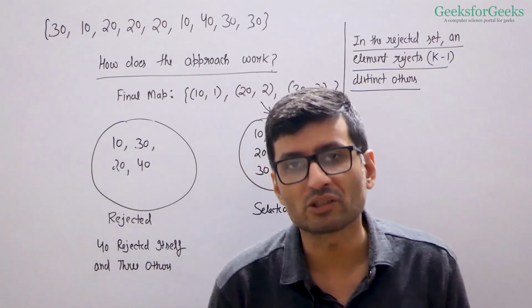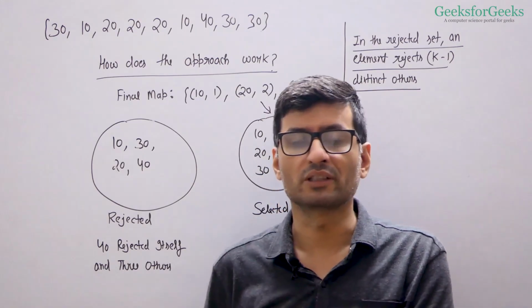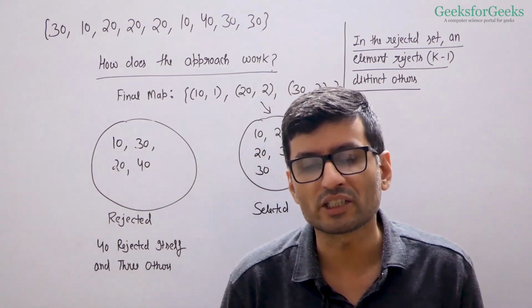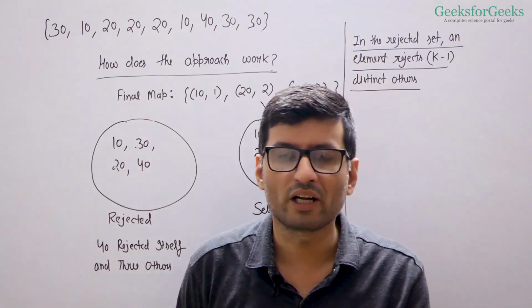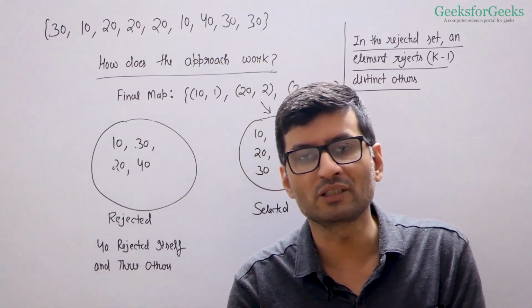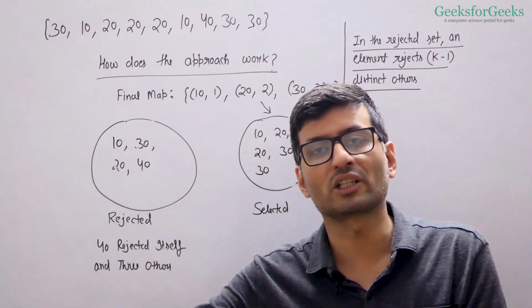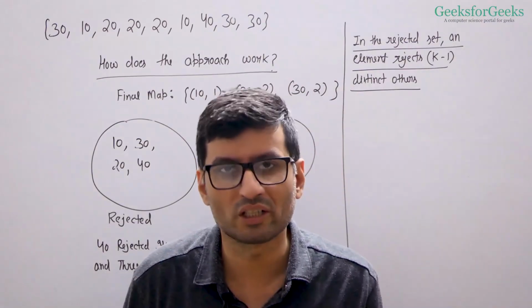Say every occurrence of 40 will have k minus 1 occurrences of other elements. So even in this case, 40 will have exactly n by k occurrences, because one occurrence of 40 means k minus 1 occurrences of other elements. It can have at most n by k, not more than n by k.